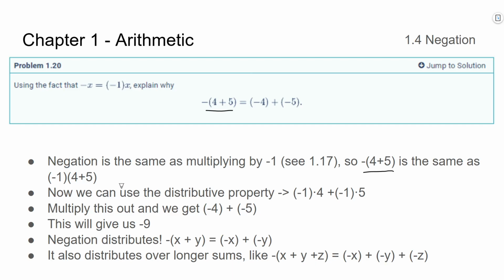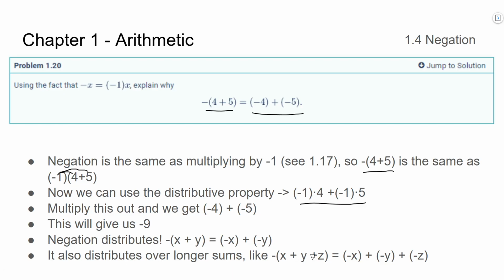In the last couple of problems I've been saying when you can't distribute, but this is one where we have addition, so we can distribute. So we distribute this -1 across that. Then we get -1 times 4 and -1 times 5. Multiply that out: -1 times 4 is -4, and -1 times 5 is -5. So that's exactly what we have right there. And if we add those together, then we get -9. So negation does distribute.